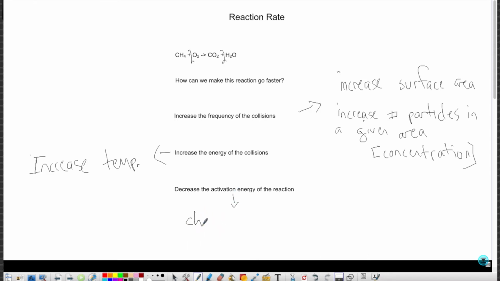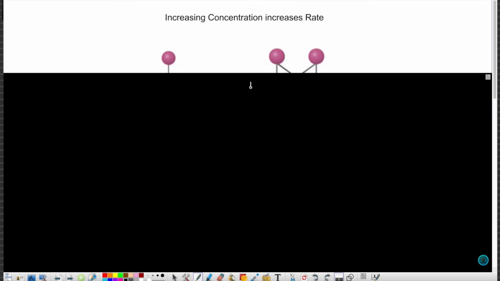You could change the reaction, change reactants. So the identity of the reactants matters in terms of rate. Or you could add a catalyst, and we're going to talk about most of these again. Add a catalyst. All right, so let's look at a couple of these in a little bit more detail.